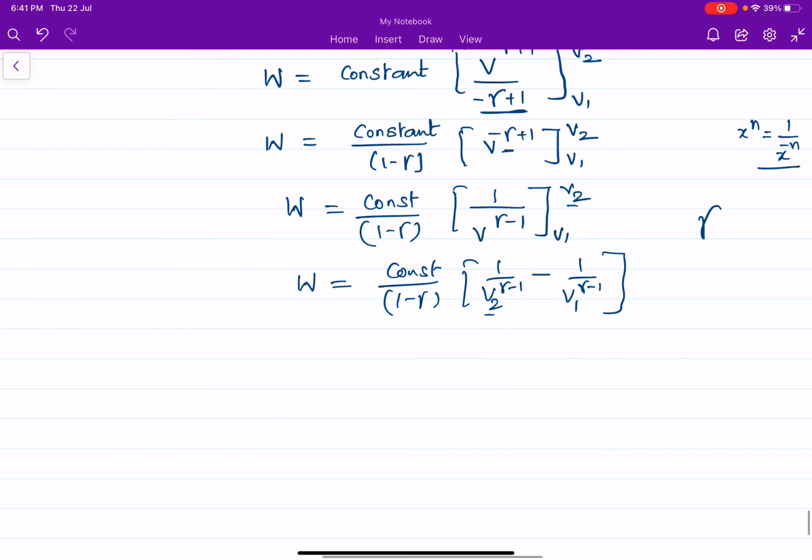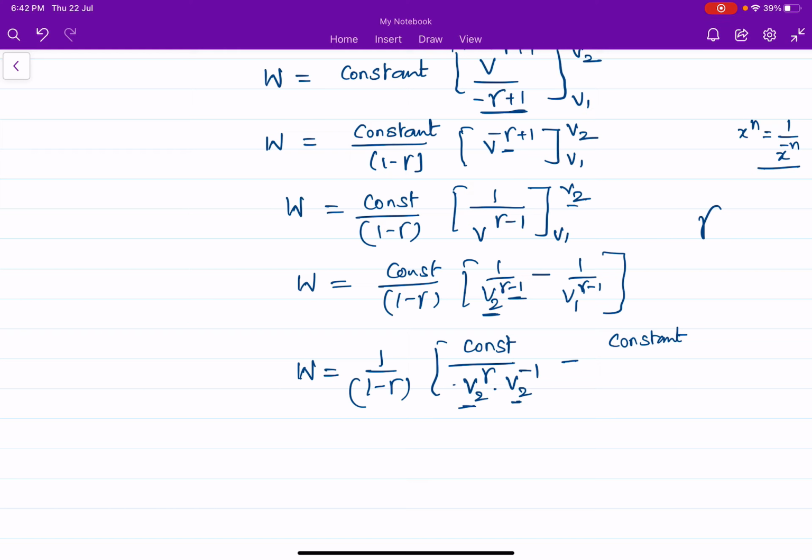So here V2 term is there, so I am multiplying: 1 by 1 minus gamma into constant divided by V2 power gamma into V2 power minus 1. V to the power gamma minus 1 can be written as V to the power gamma into V to the power minus 1, minus this constant divided by V1 power gamma into V1 power minus 1.